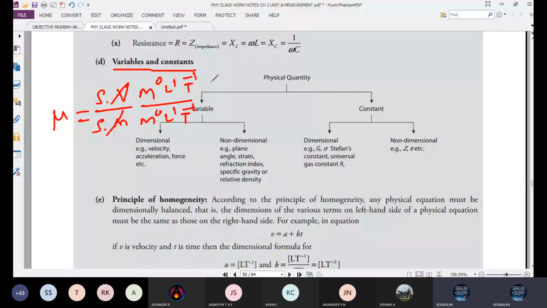It is called a non-dimensional quantity. Dimensional means acceleration: velocity divided by time. Now only I said velocity dimension formula M0, L power 1, T power minus 1. Again, T is there: M0, L power 1, T power minus 2. So this is the dimension formula of acceleration.